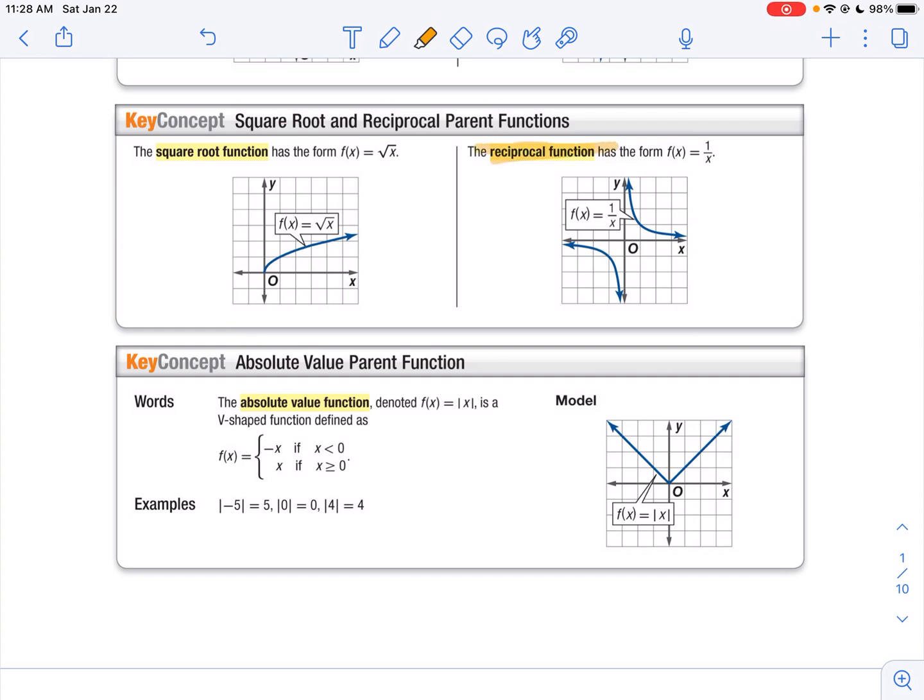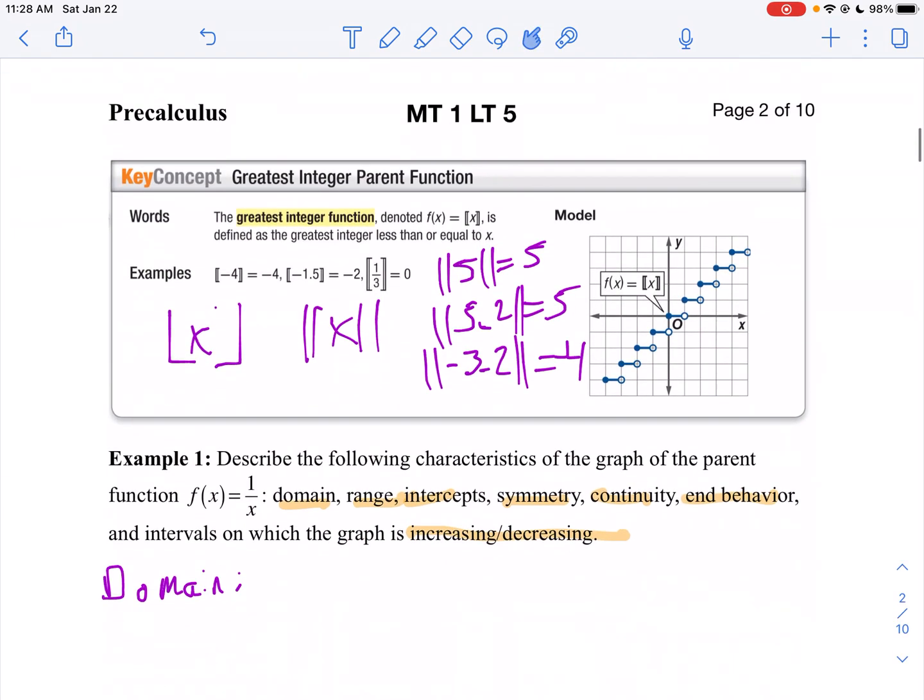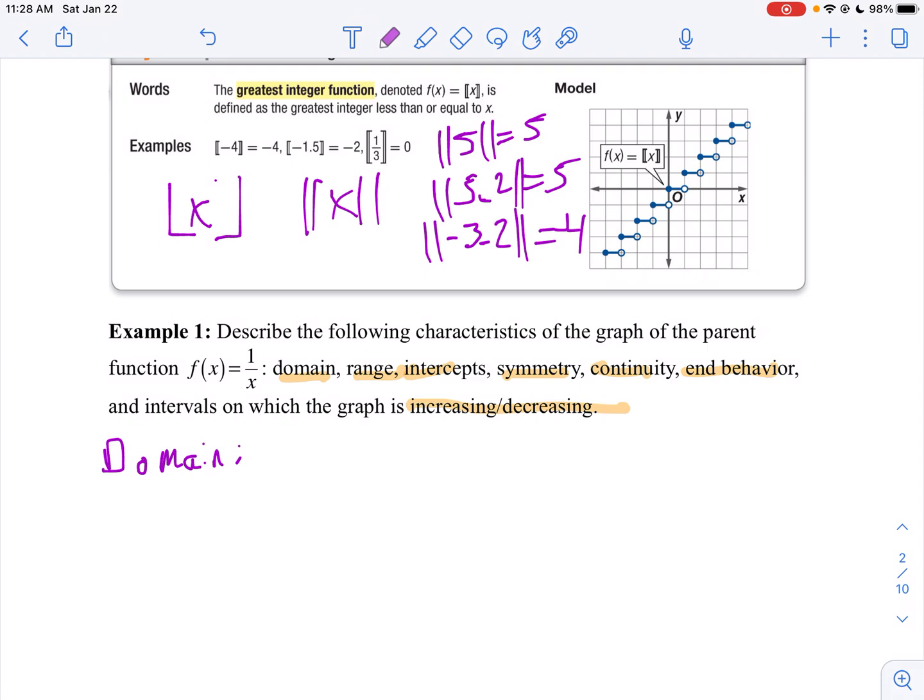If I look at my domain, what values of x is my function defined for? Looks like it's defined for everything except 0, because you can't divide by 0. So my domain is going to go from negative infinity to 0, and then from 0 to positive infinity. It's defined for everything except 0. Then let's look at our range.